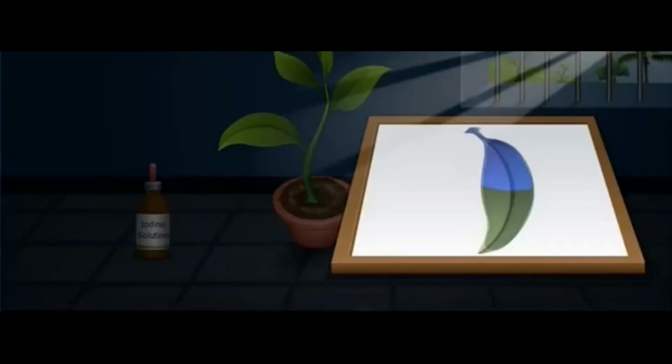The exposed part is bluish black, and the part of the leaf which was inside the bottle containing potassium hydroxide does not become bluish black, because potassium hydroxide absorbs the carbon dioxide present in the bottle. This indicates that carbon dioxide is necessary for the process of photosynthesis.